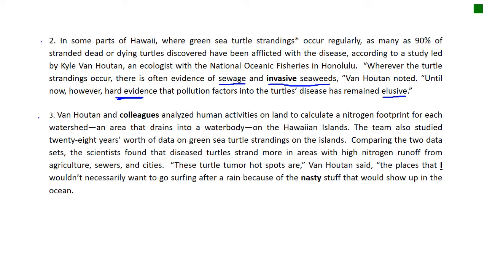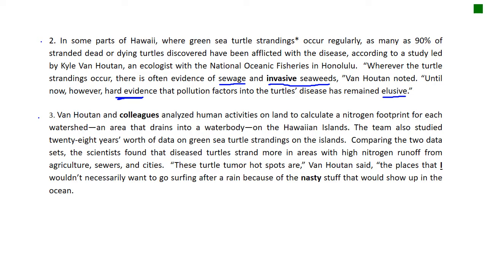Paragraph 3. Van Houten and colleagues, the co-workers, analyzed human activities on land to calculate a nitrogen footprint for each watershed, an area that drains into a water body on the Hawaiian Islands. The team also studied 28 years worth of data on green sea turtle strandings on the islands.